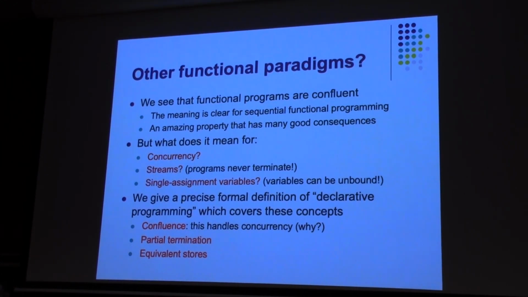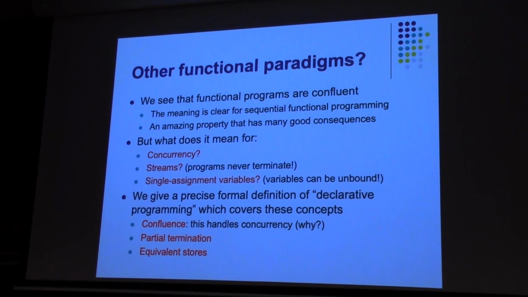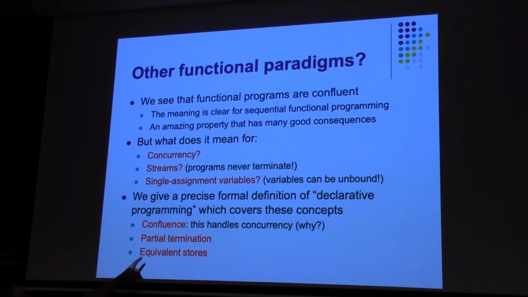So that gives me a more general notion than just stopping. It's partial. And finally, what happens if there are unbound variables? Well, the store turns into something that comes from logic. The store represents a logical formula, and this gives us equivalence store. So this I will explain also.